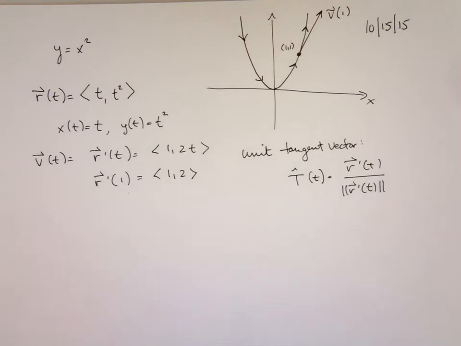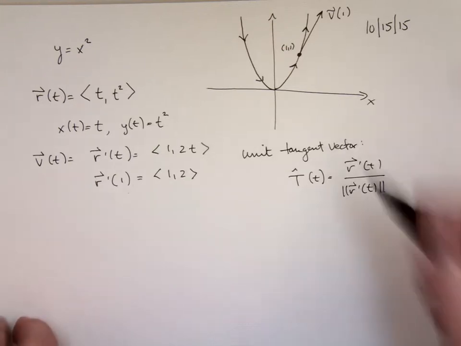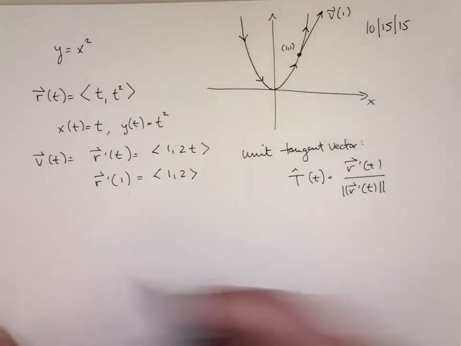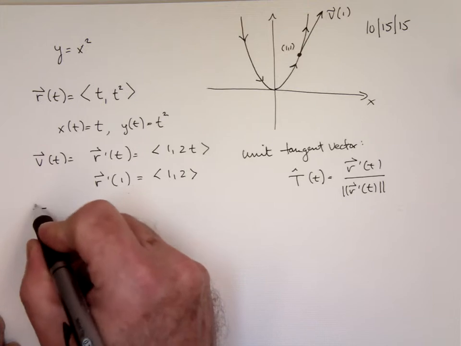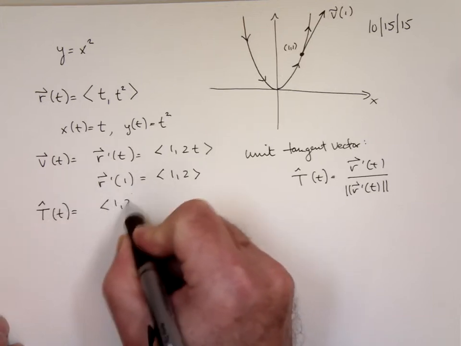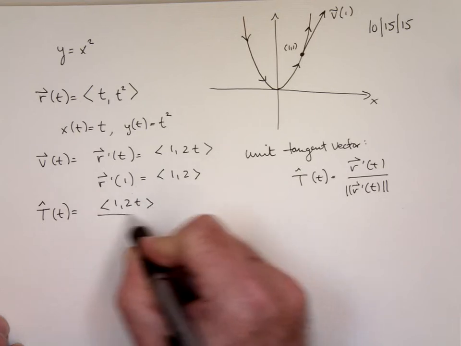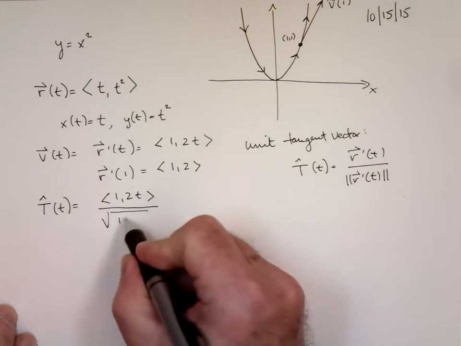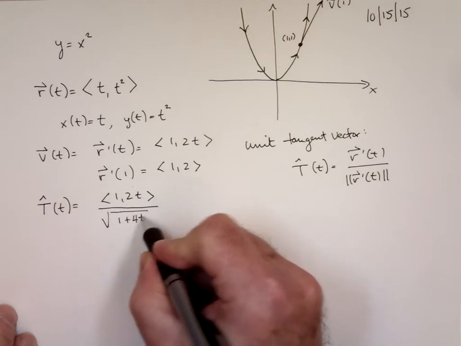It's velocity divided by speed. That's what the magnitude of velocity is. It's the speed. That's a unit tangent vector. And what that does, it makes a unit vector out of our velocity vector. So the unit tangent vector, in this case, is 1, 2t over the magnitude of that vector, square root of 1 plus 4t squared.